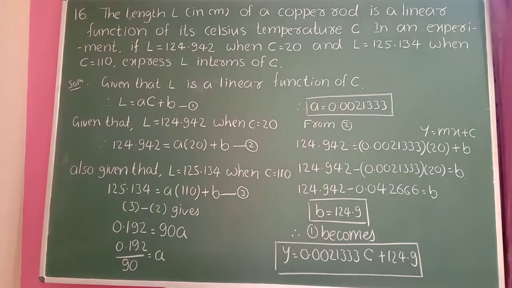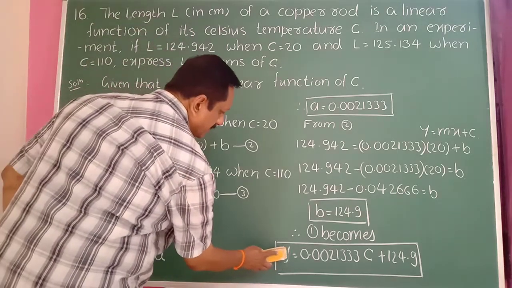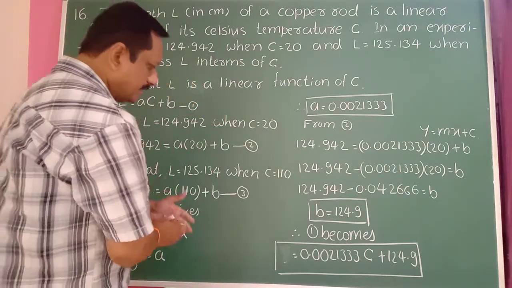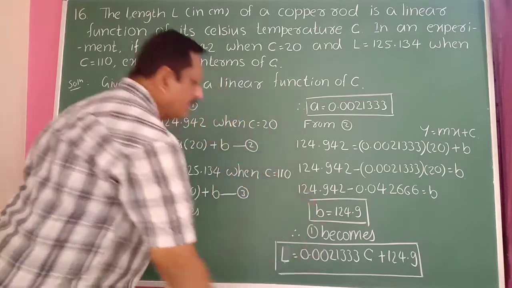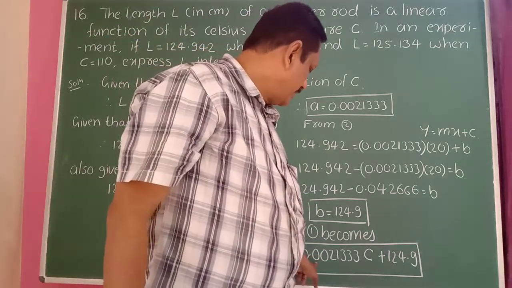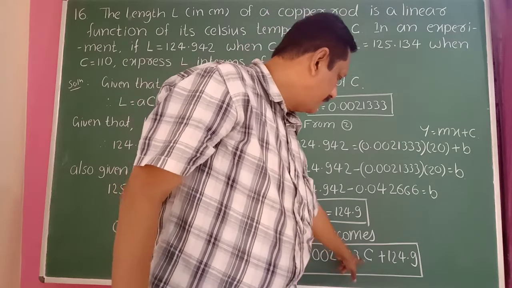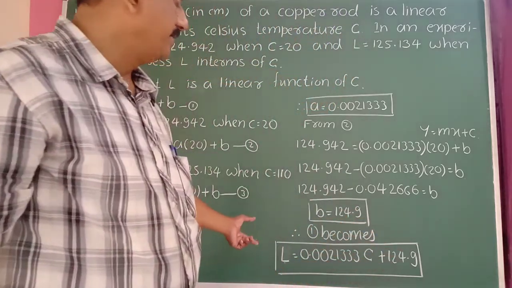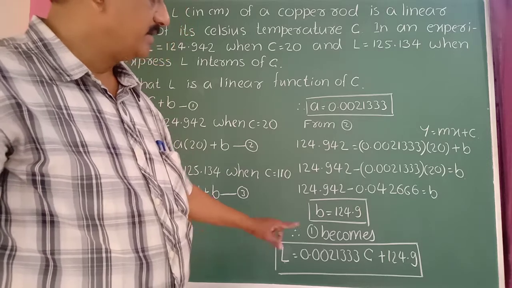So this is not a y, it is an L, because L is there. So write L here. Here we want L in terms of C. So L is equal to 0.002133 into C plus 124.9. Therefore, this is L in terms of C.